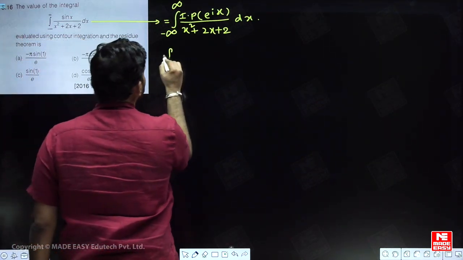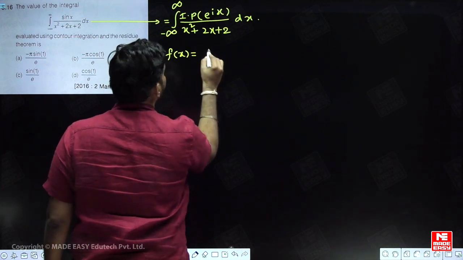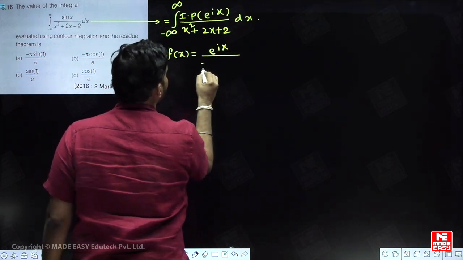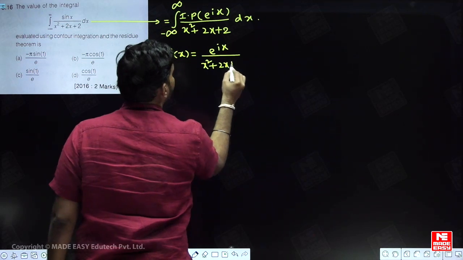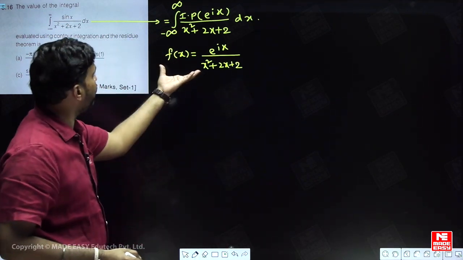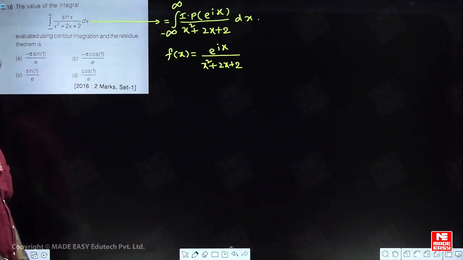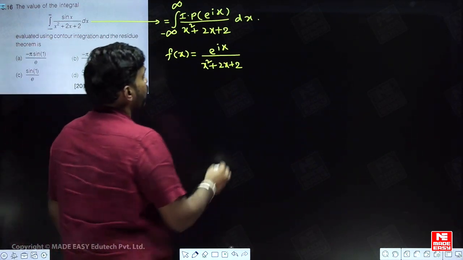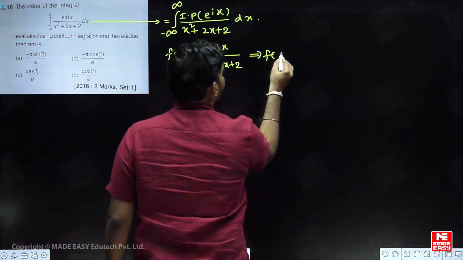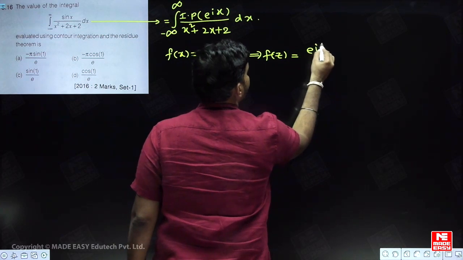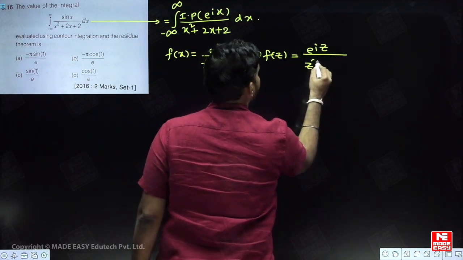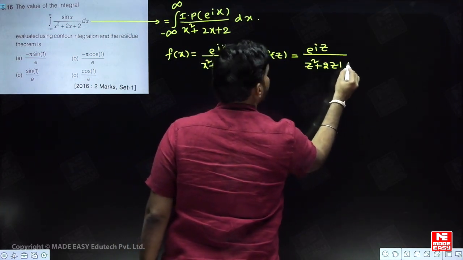Now I am considering f(x) as e^(ix)/(x^2 + 2x + 2). If this is our f(x) for which we have to find the integral here, so what is the f(z) we can have here? f(z) can be written as e^(iz)/(z^2 + 2z + 2).